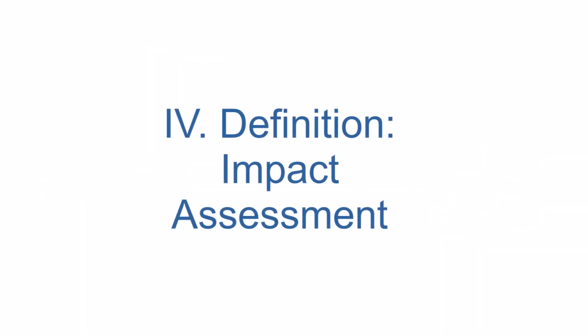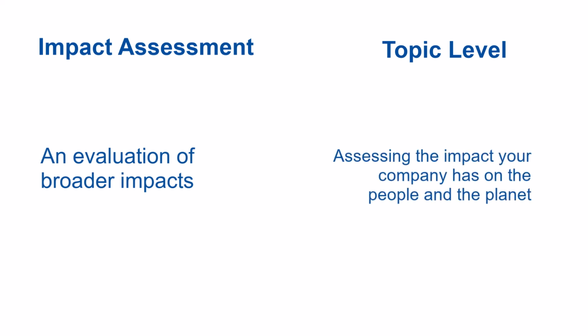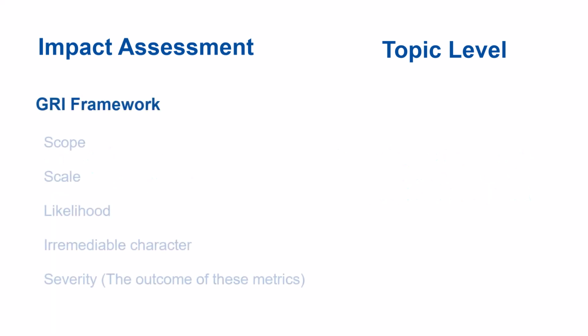When it comes to impact assessment, this is done at the topic level. This means that the company is evaluating broader impacts that the business could have on the people and the planet. For this, the company uses key metrics following the GRI framework to measure the significance of each impact. GRI metrics include scope, scale, likelihood, irremediable character, and the outcome severity.